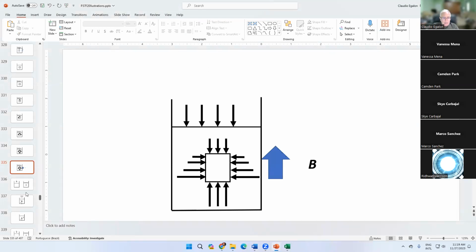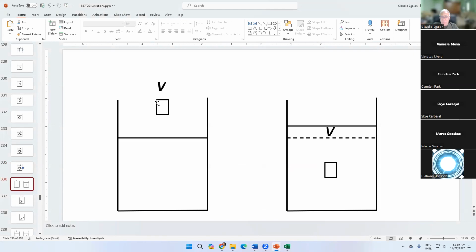Here you go. We have this object right in here in this container. If we submerge this object just like we did here, what happens to the level of the water? The level of the water rises, right? See that? Archimedes saw that, he started thinking about it, and then he came to an interesting conclusion.